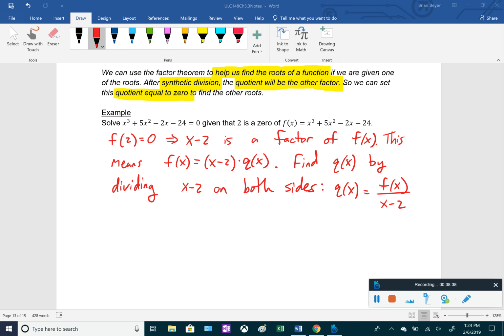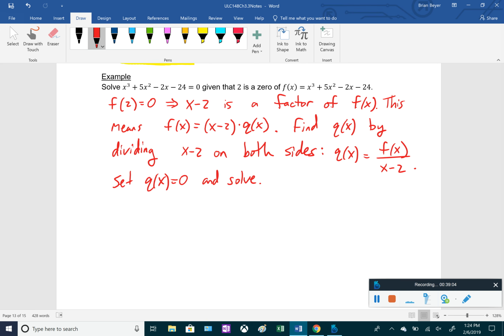So that means q of x is going to equal the function divided by that factor x minus 2. Once we do that, that's going to tell us what q of x is. Then we're going to set q of x equal to 0 and solve for x. Okay, so kind of a lot going on, but it's not too bad. So let's do this example.